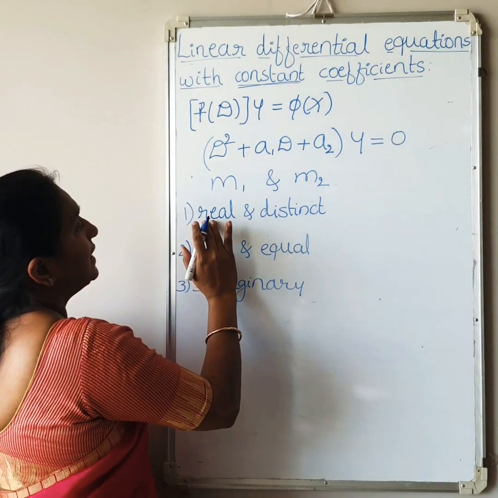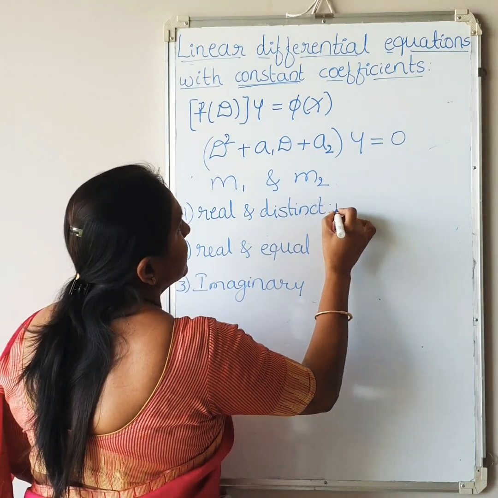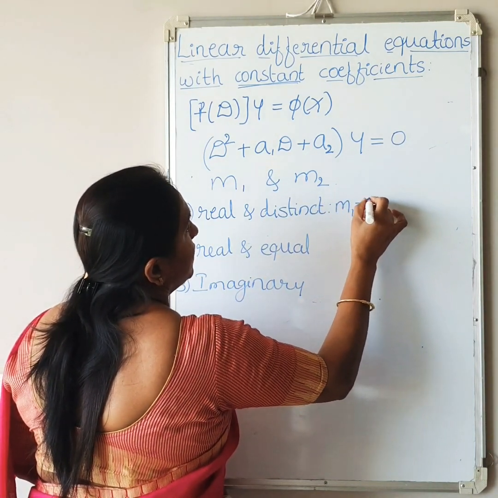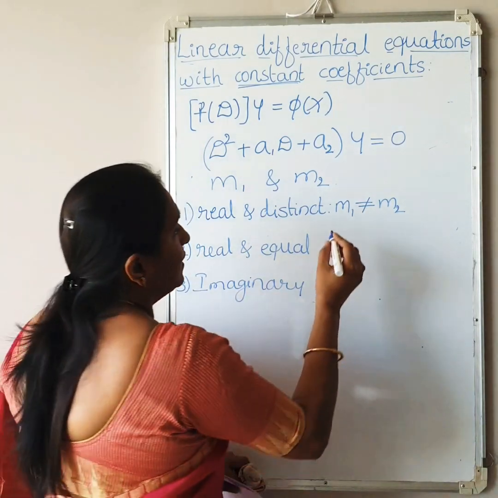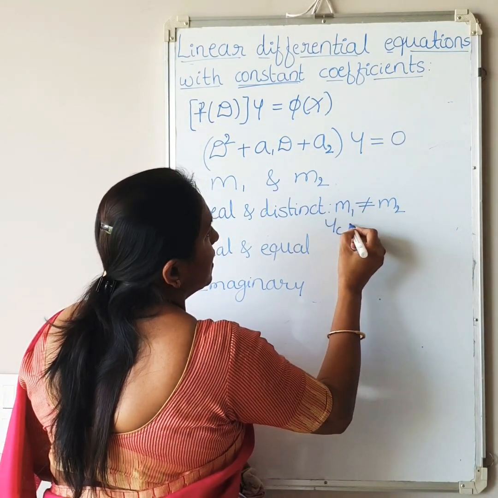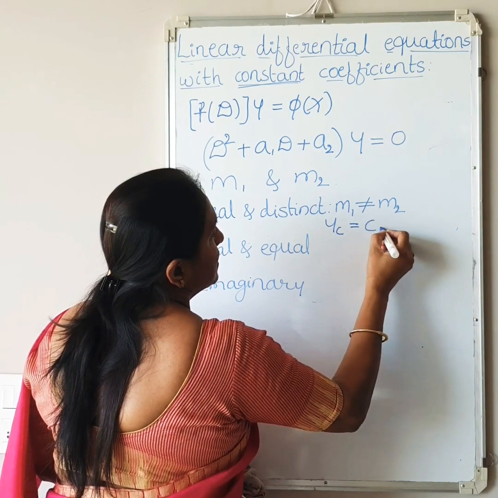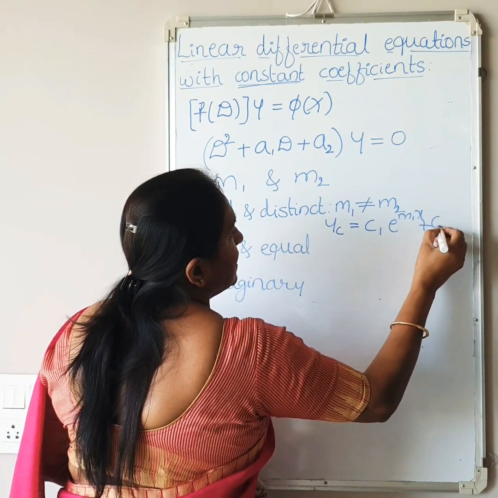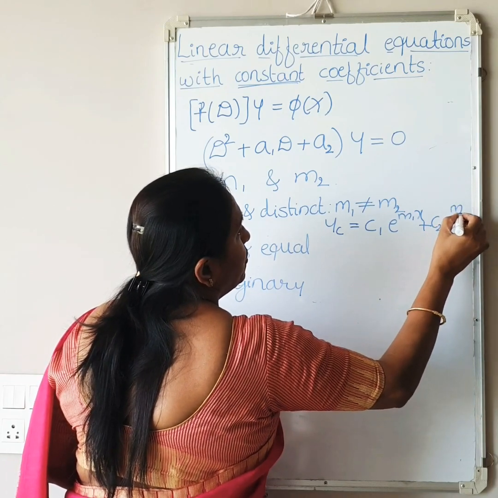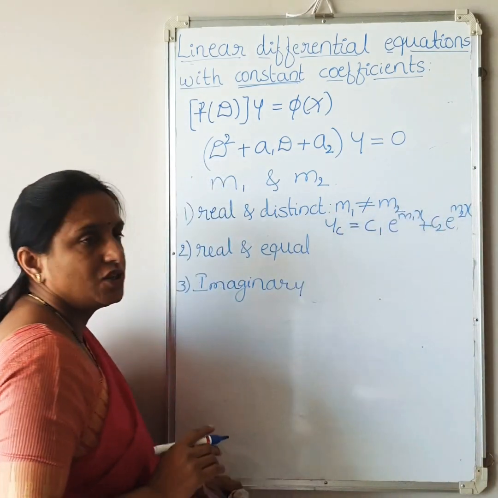Suppose real and distinct means m1 is not equal to m2. Then what is the solution? Then its complementary function is yc is equal to c1 e raised to m1x plus c2 e raised to m2x. This is the solution.